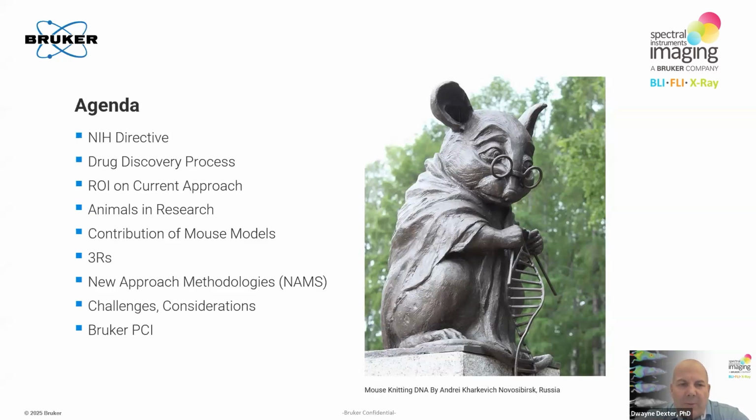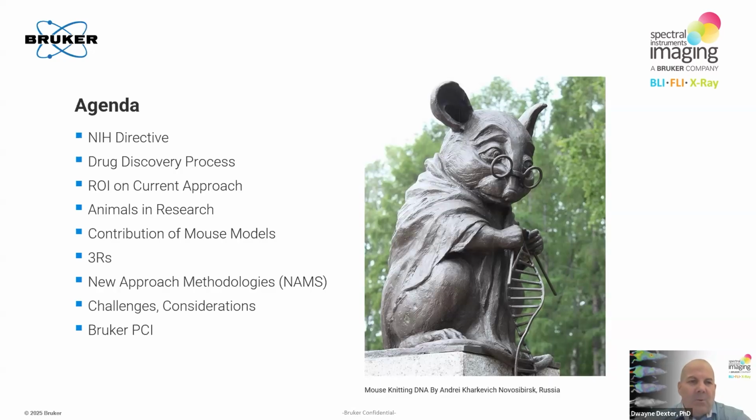We'll talk about the new approach methodologies, review some of those types of technologies. We'll talk about the challenges of utilizing those and qualifying those for drug discovery research. And then we'll discuss how Bruker preclinical imaging is supporting the reduction and refinement in the use of animals in research.